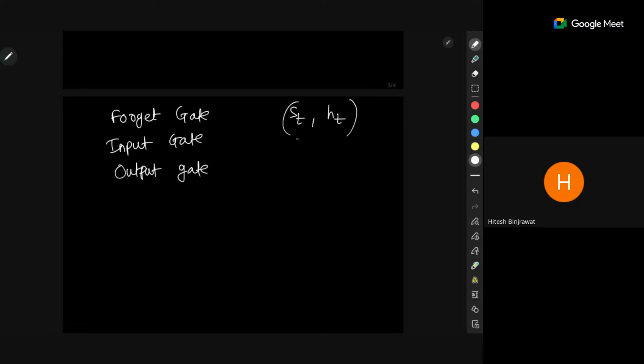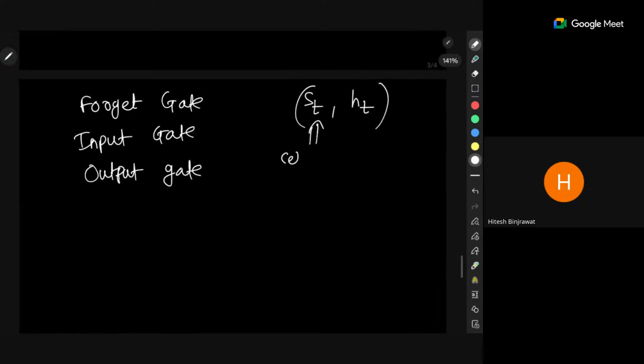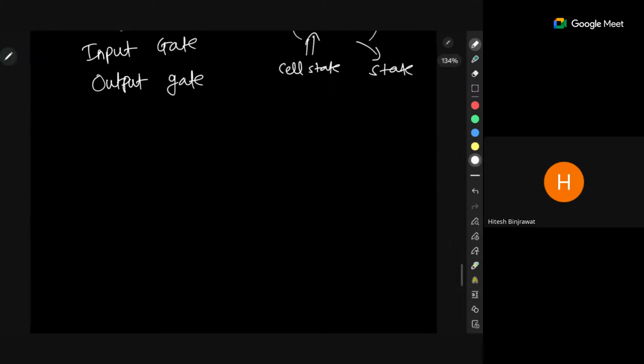Generally we consider ST as the cell state, and HT is also a state of the LSTM. So take it as just the state for now.